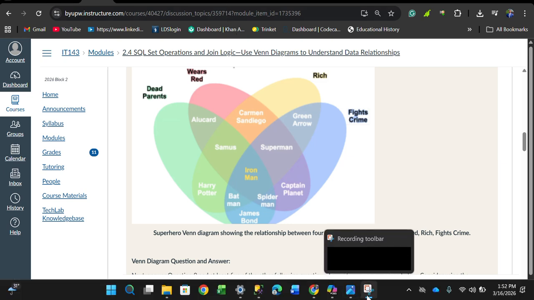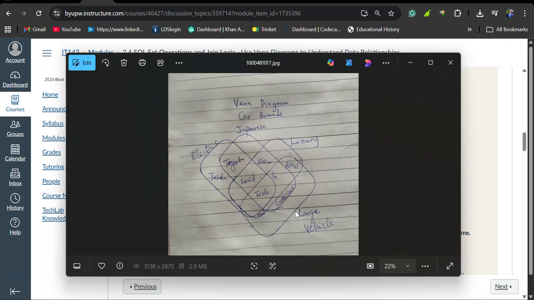And let's look at the one I created. This is a Venn diagram about car brands. The car brands have to do with electrics, the ones that are made in Japan, luxury cars, and also the large vehicles. If we want to compare electric cars and Japanese, the intercept or inner joint between electric cars and Japanese is the Toyota, the Lucid, and the Tesla.